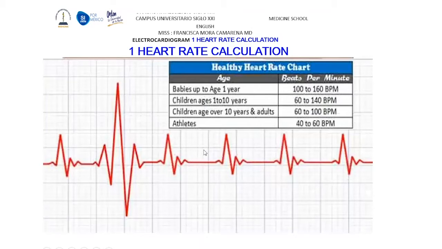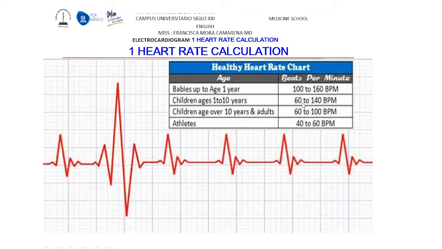We also must remember that the younger the person is, the faster the heartbeats. For babies up to 1 year, it will be 100 to 160 beats per minute.